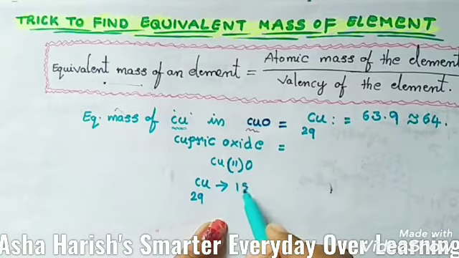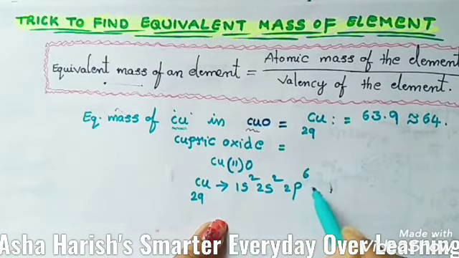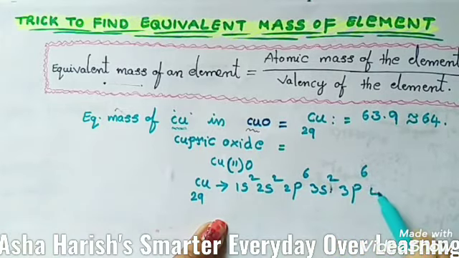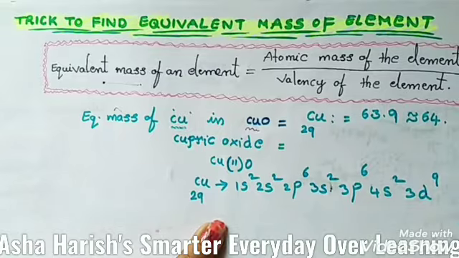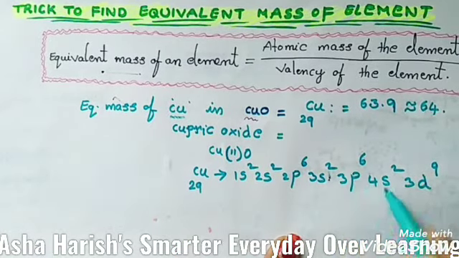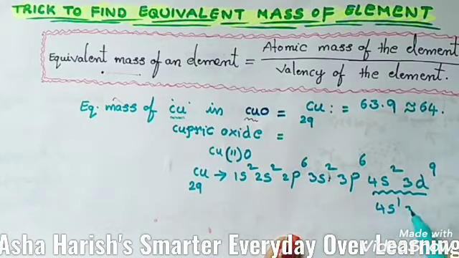The electronic configuration is 1s2, 2s2, 2p6, 3s2, 3p6, 4s2, 3d9 according to the chart, but this is an exceptional configuration, so we should take 4s1, 3d10.